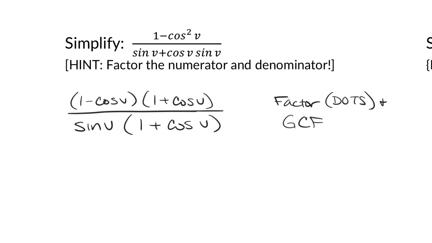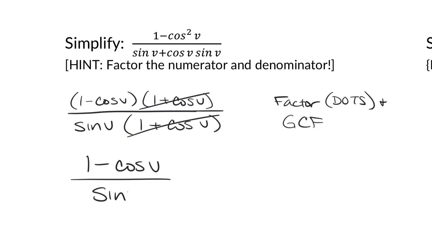Which means if I see the same thing on top and bottom here, I can cancel them. Do you see that that entire parentheses, 1 plus cosine of v, is on top and bottom? Yeah. With no parentheses on the top or on the bottom separating them? That means I can cancel those. So this becomes 1 minus cosine of v over sine of v.